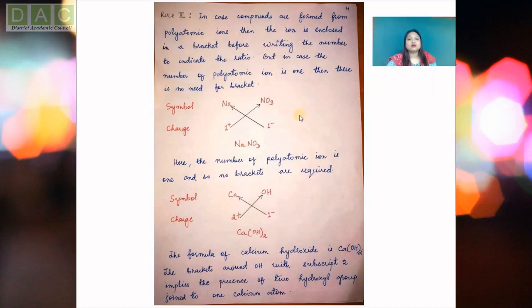Again we have given an example here in the case of sodium nitrate. Sodium has valency 1 and nitrate again has valency 1. If we cross multiply the valencies of these elements, we can write the formula as NaNO3.